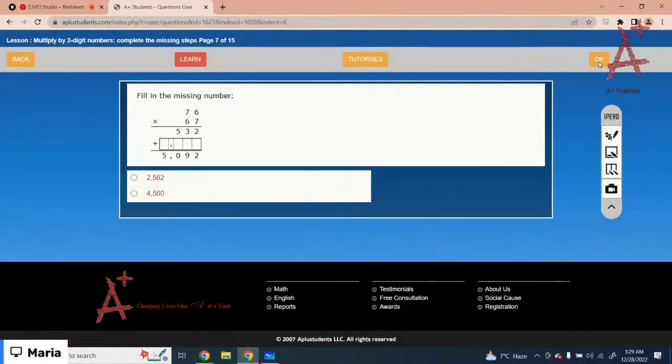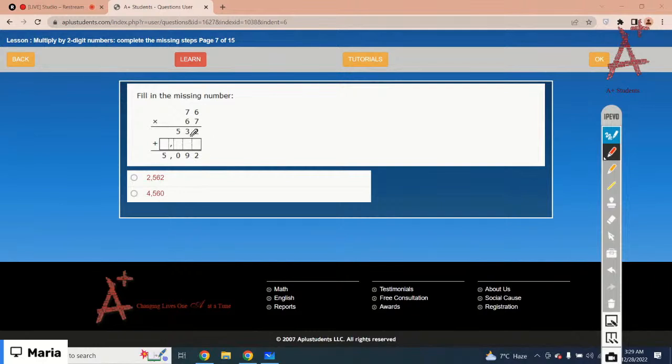Okay, then you have to do 76 times 67. So you are done with the ones digit. You have to start with the tens. We have to start with 0. 6 times 6 is 36. Here you have 6 and carry 3. 6 times 7 is 42, and it would be 45. When you add them, 2 plus 0 is 2. 6 plus 3 is 9. 5 and 5 is 10. 0 and 1 carry, and 4 and 1 is 5. Got it?